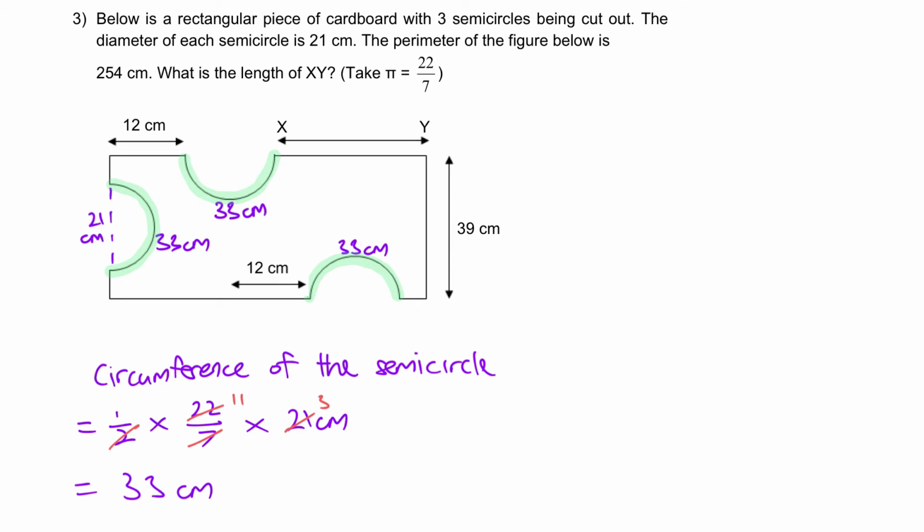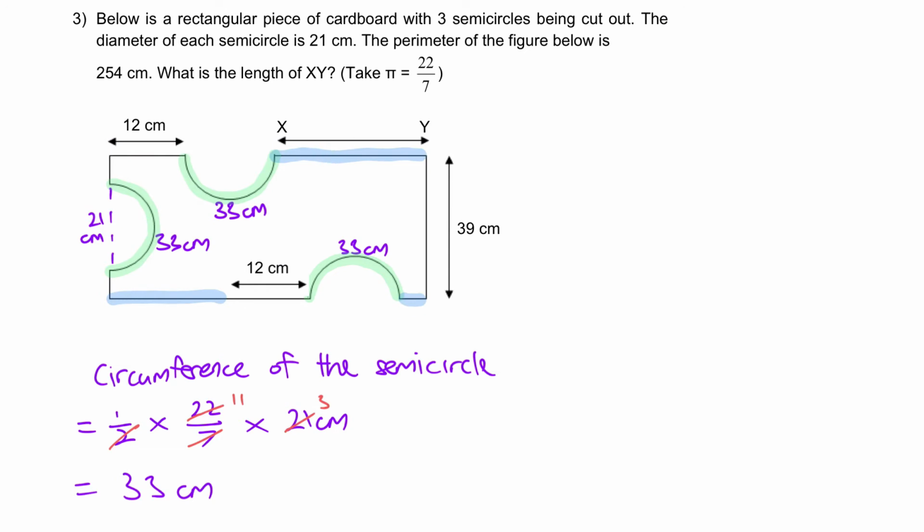What can we say about this length here? Isn't it equal to xy? How do I get it? 12 plus 33 plus xy must be again equal to 12 plus 33 plus this, isn't it? So this plus this must be equal to xy.